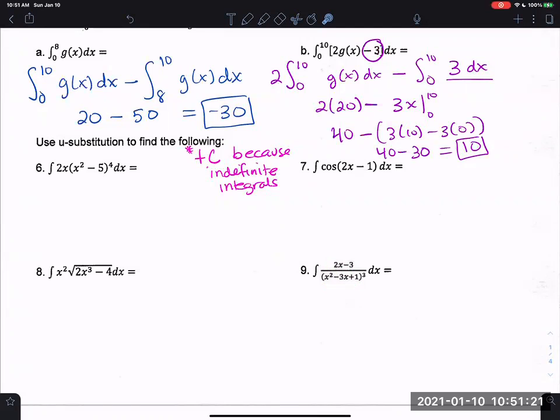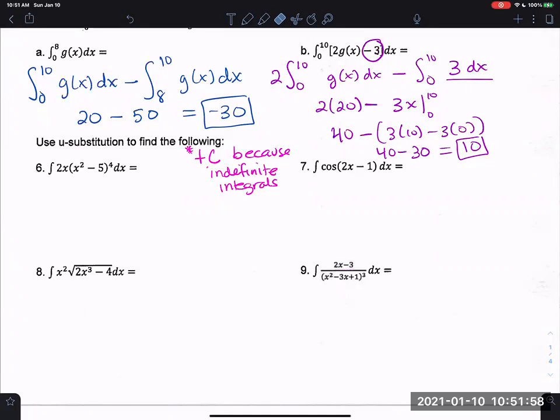Some of you who are very in tune with picking up patterns may already be saying, well, we have to use the x squared minus 3x plus 1, because when you take its derivative, you get exactly 2x minus 3, right? That is exactly what you get when you take the derivative of this, which would then be the replacement for that. Okay. All right. So I'm going to now start the process.